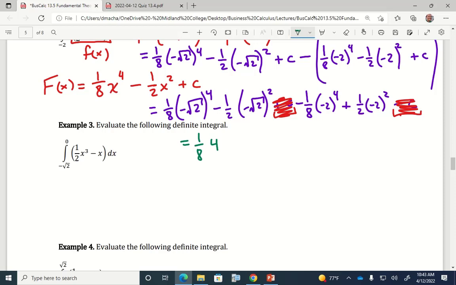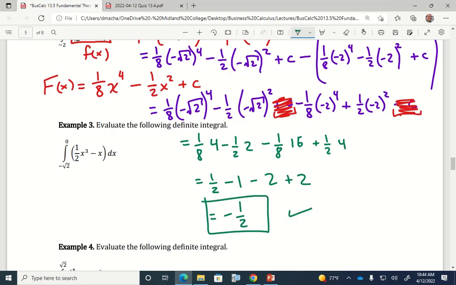Then I have minus a half times 2 minus 1/8 times, again, the negative doesn't matter. 2 to the 4th power is going to be 16 plus 1/2, and then 2 squared is 4. 4 divided by 8 is 1/2, minus half of 2 is minus 1, minus 16 over 8 is 2, plus 4 over 2 is 2. So the 2's cancel, and this should be negative half.